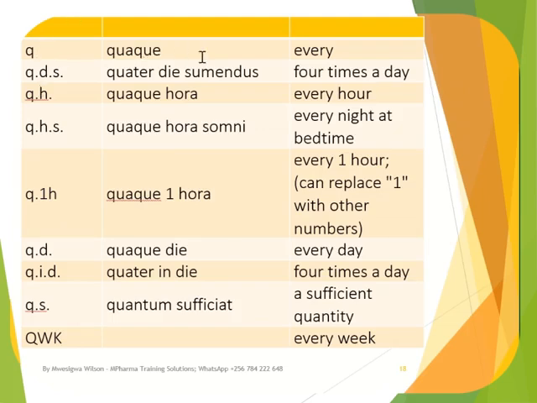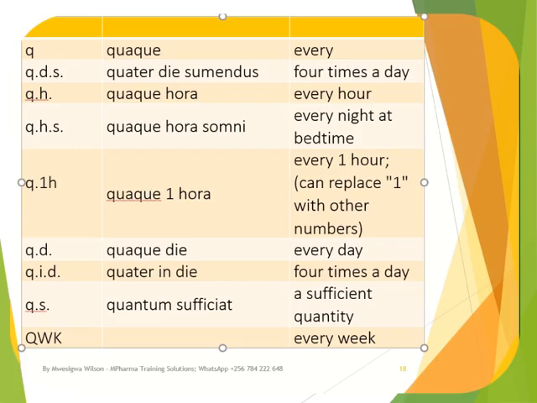Q, or quaque, means every. If you go back to hour, if I say QH, it means every hour. Q1H, every one hour. You could have Q4H, Q8H, every 8 hours, Q12H, and others, as you're going to see.